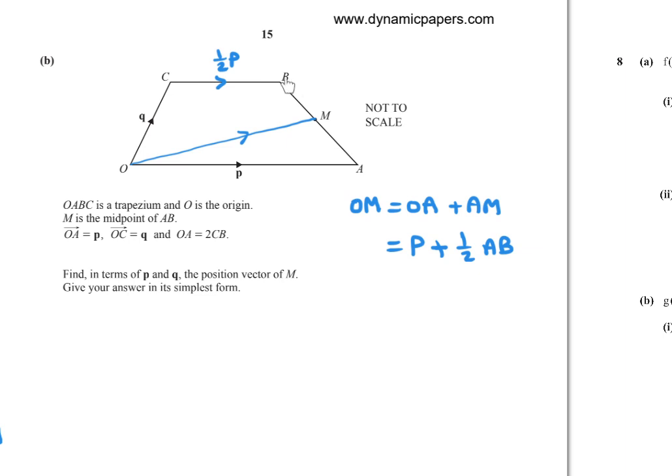But how to find AB? To find AB, you can travel from A to O, then O to C, then C to B. So negative p plus q plus half p. So AB equals negative p plus q plus half p.